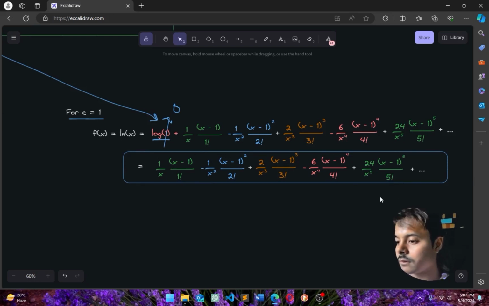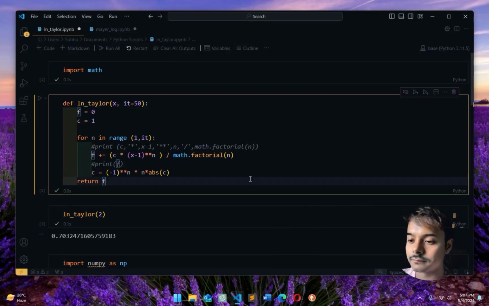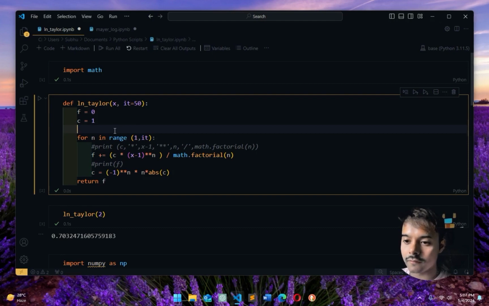Now we need to implement this series in an algorithm or in code. I have already done this in Python. Let's see here. I'm not going to explain each and every bit of this code, but I'm going to put it on GitHub, and you can find the logic of the code by yourself.